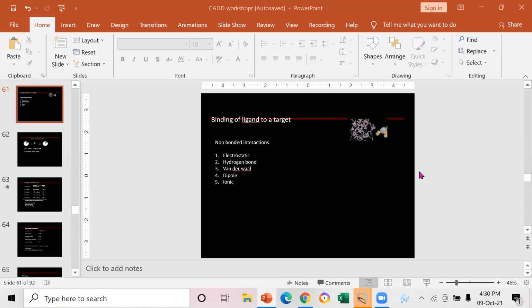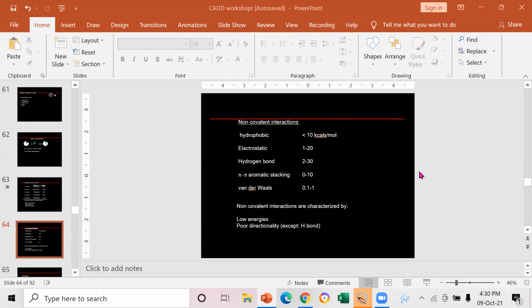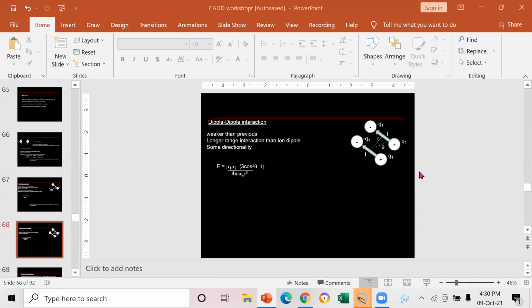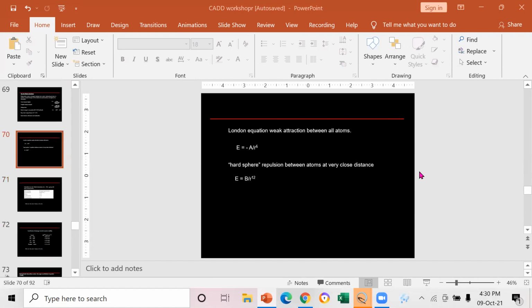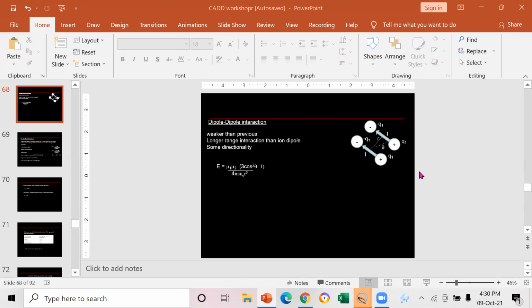That is how energy is calculated. Electrostatic, hydrogen bond, van der Waals forces, dipole, ionic. Some software will assume dipole. Some software will not take ionic. Some software will take ion-induced dipole. So many things are there. So each software's numbers will be different.